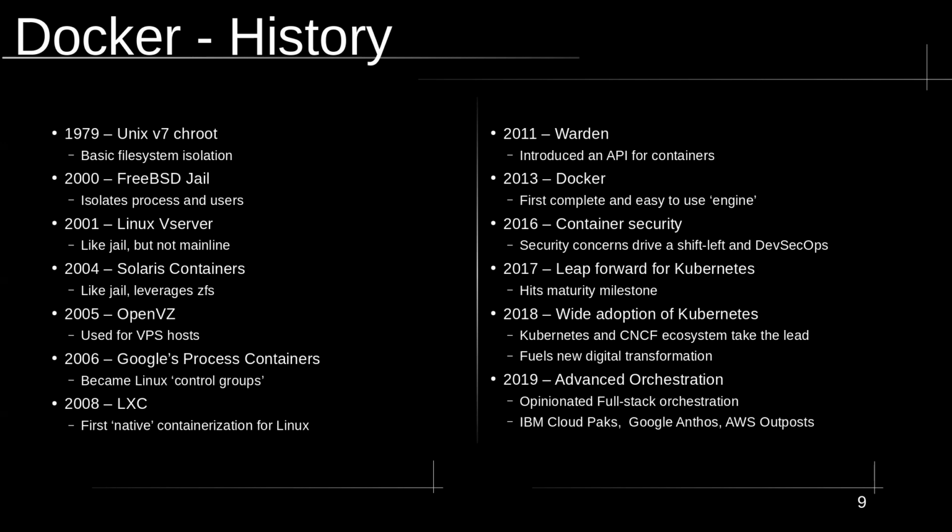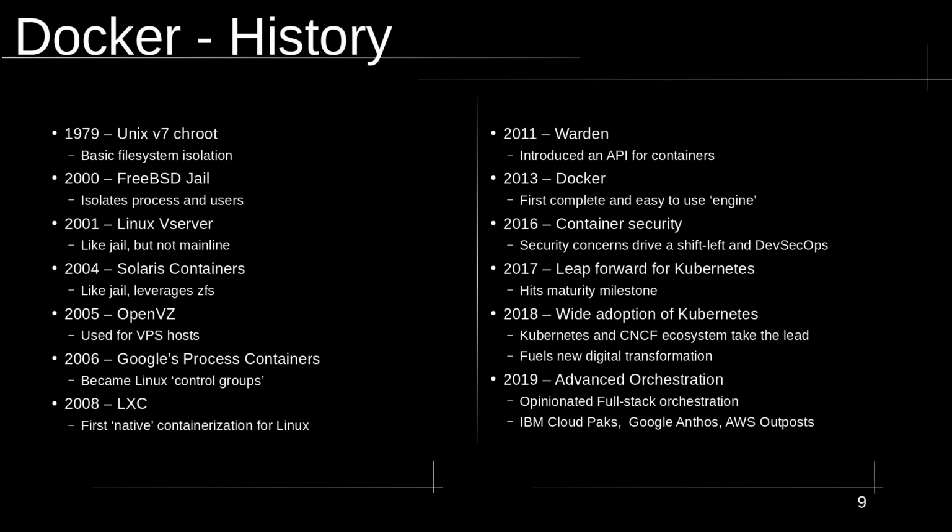And then 2019 was a banner year. Again, it took things a little step further. So again, with some other projects that sort of came into their own maturity-wise, where you had full stack orchestration systems, which are based on Kubernetes, but then add their own layers and flavors on top of it to sort of enrich it, make it more approachable, to add user interfaces to it, things like that.